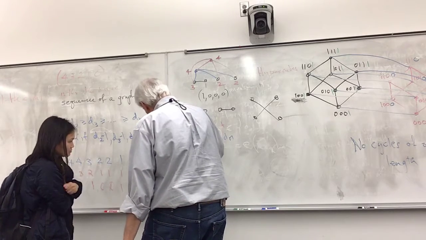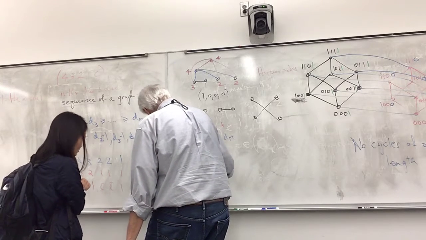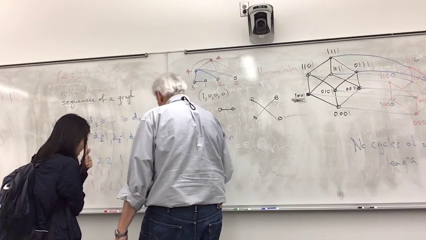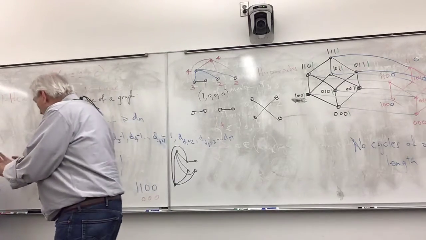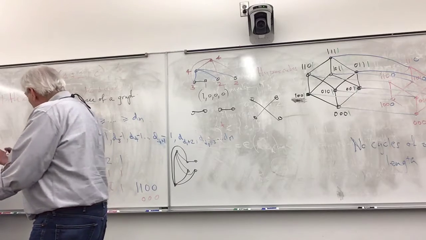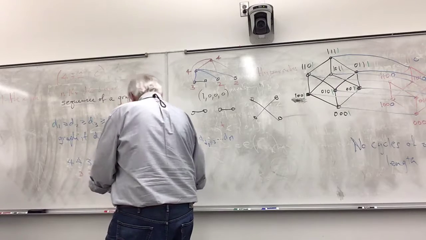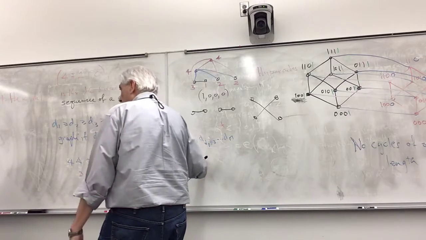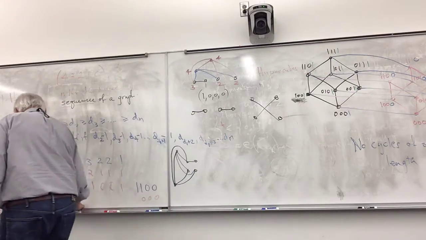And now my degree sequence is 4, 4, 3, 2, 2, 1. Ask on Thursday. It goes forwards and backwards. The process goes one way to say yes, it's graphic, but using this sequence you can actually build the graph. Got it? Good.